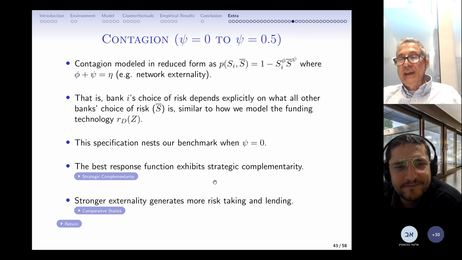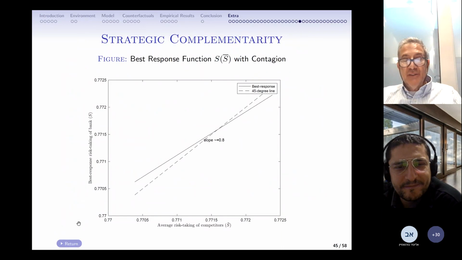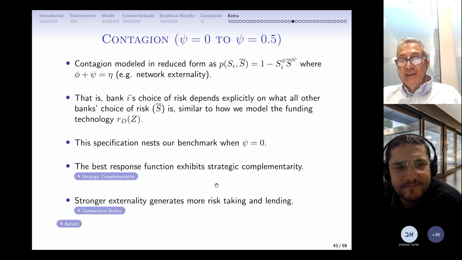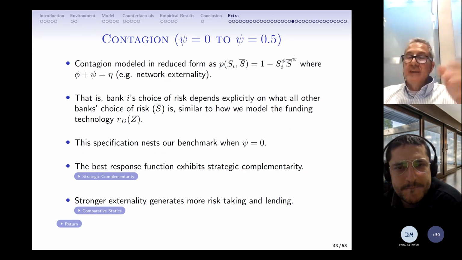Well, if you start to believe that it's going to generate more risk taking and more lending, then you have to start to impose different policies. You might change leverage constraints.